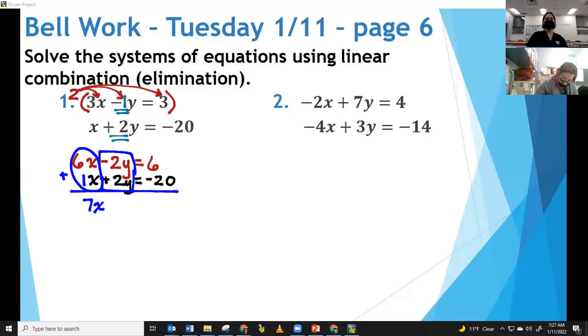Right, so that means I have 0 y's equals, what happens back here? I have 6 minus 20. What is 6 minus 20? -14.